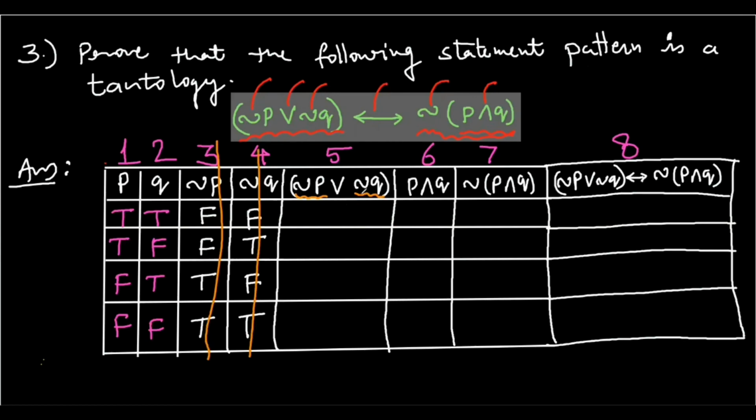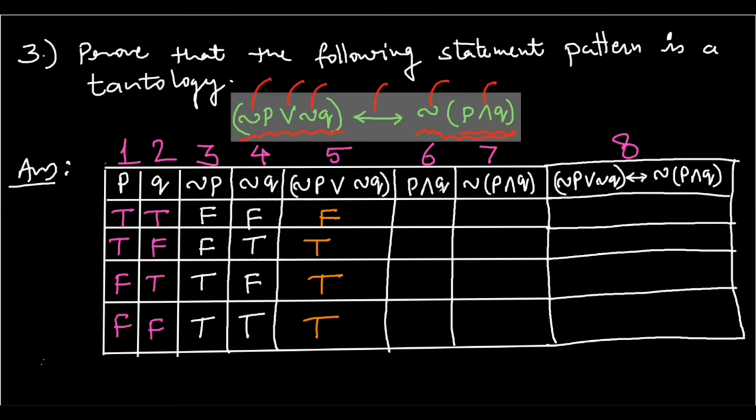You know the law of disjunction: when both are false, then false, otherwise true. So see, both are false? No, true. Both are false? No, true. Both are false? No, true.